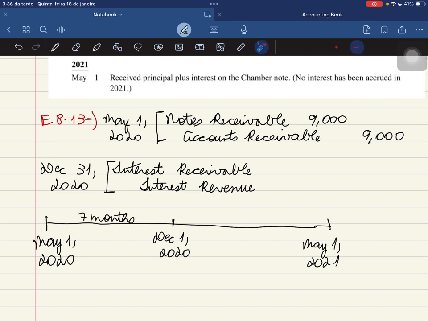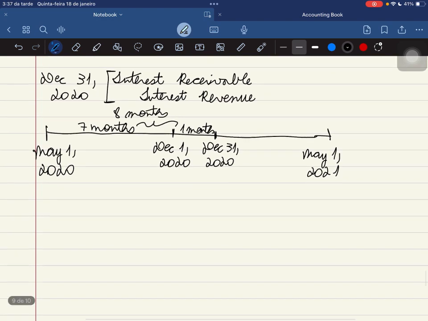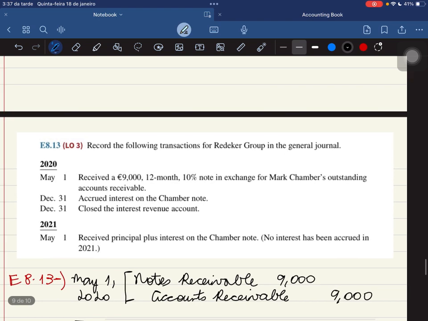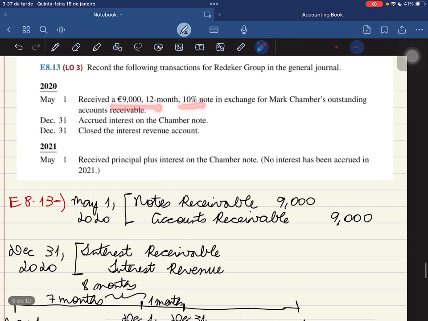But we're not interested in December 1st. We are interested in December 31st, and December 31st is exactly 1 month after December 1st. So here we have 1 more month, which means in total, how many months have passed? 8 months, correct? So we have to calculate this value for the 8 months. It is 9,000 at 10%, correct?